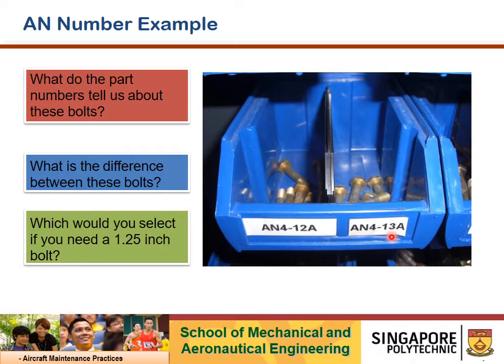We do not know the grip length until we refer to the chart. Do take note that for AN bolts, the last number that represents the grip length cannot be read directly. And the A itself means that the threaded part has a drilled hole.